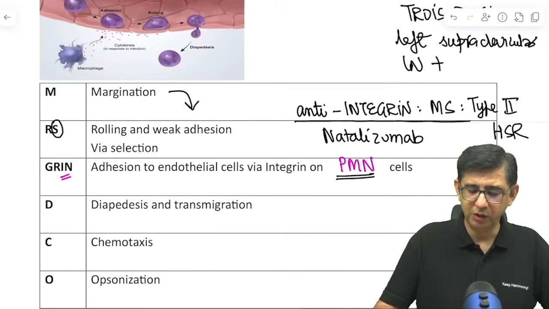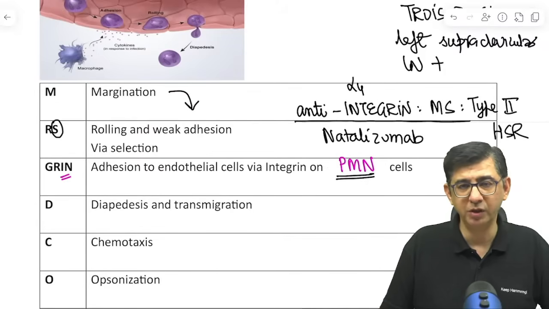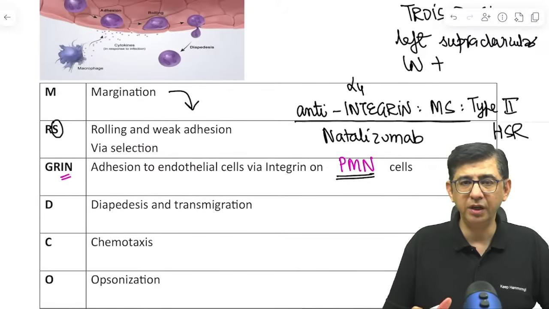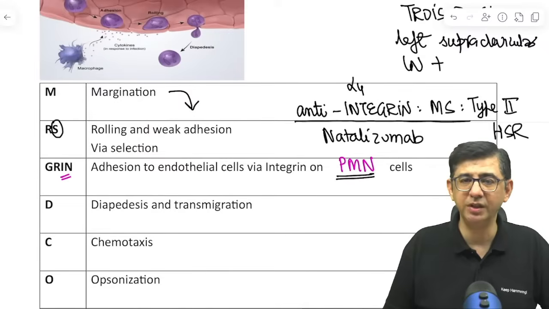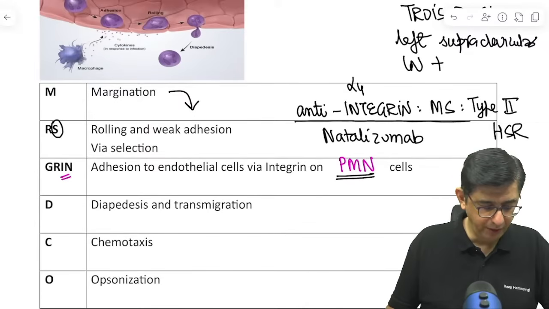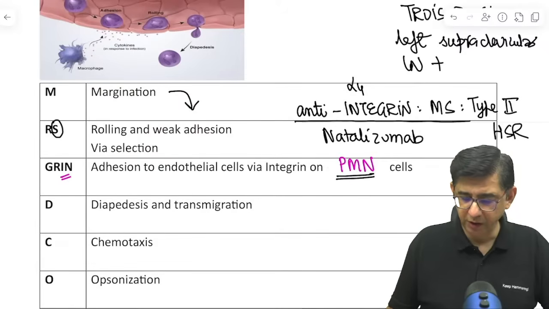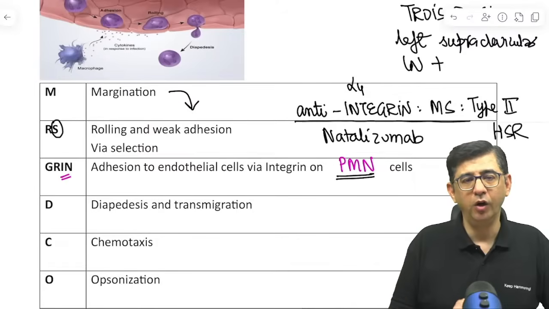They love to ask about this anti-alpha 4 integrin molecule used in multiple sclerosis, which targets the integrin present on the security system, by which it is able to cross the blood-brain barrier and subsequently cause damage. So I think we are sorted for at least the word 'in' on this mnemonic.